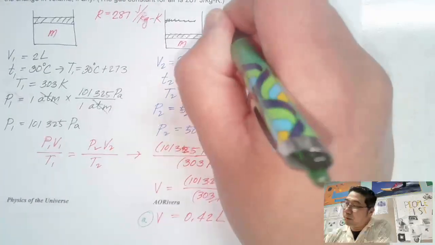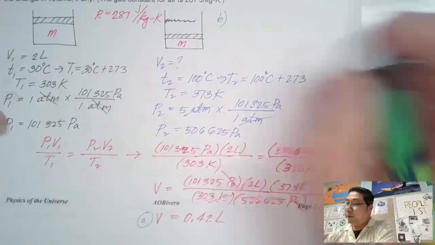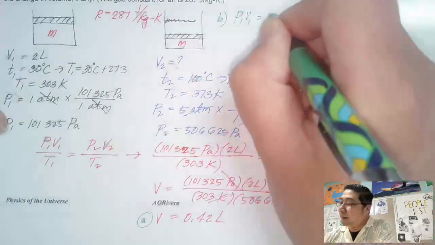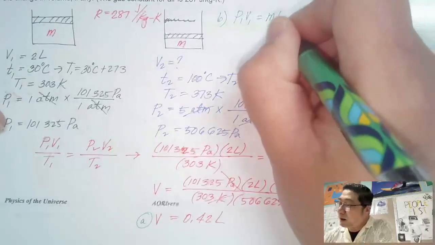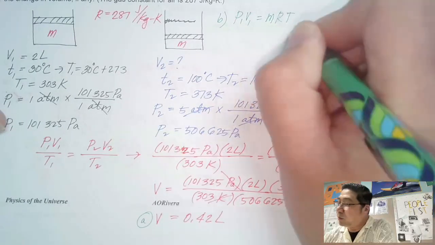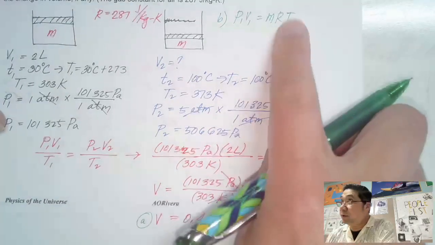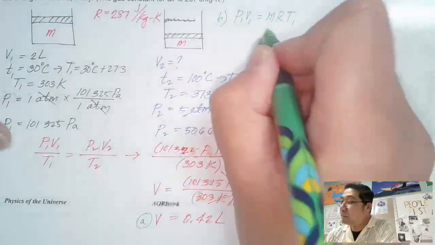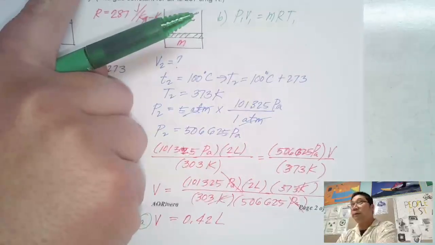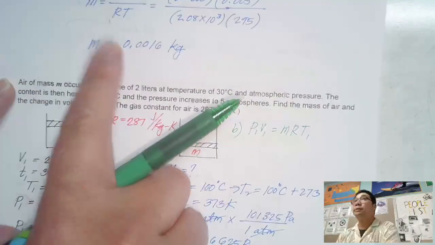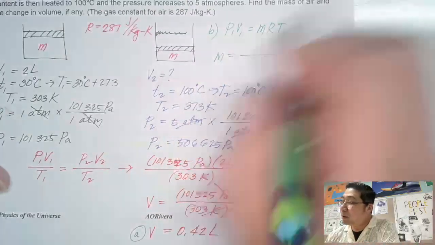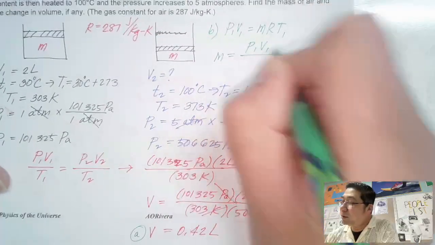What's the equation? P1 V1 equals M R times T1. So all you have to do is solve for M by dividing both sides by R T1, like what we did on the first question. Same process. So what is your M? P1 V1 over R T1.